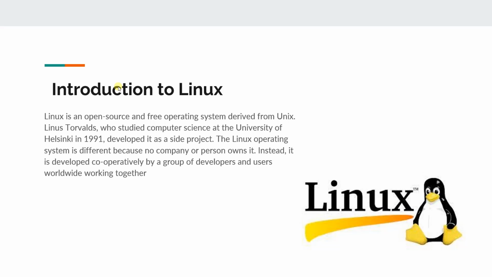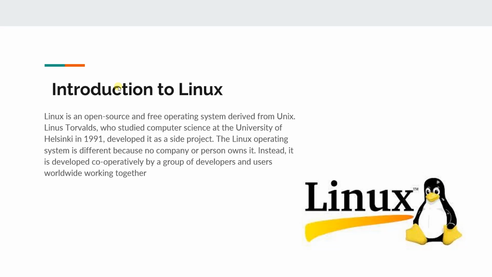A computer science student then called Linus Torvalds, at the University of Helsinki in 1991, took it as a personal side project to develop an open source and free operating system called Linux for us to start using. So this operating system Linux is based on the popular operating system then called Unix. In fact, Unix is what every other operating system is based on. It was a very strong and popular operating system then.